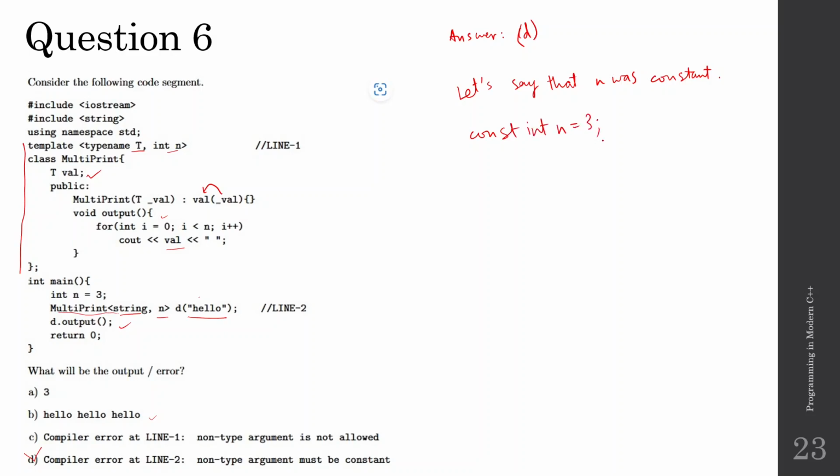Let's say that this was the line instead, where we have const int n equal to 3. Then in this case the output will be B. Okay. Any questions on this one?